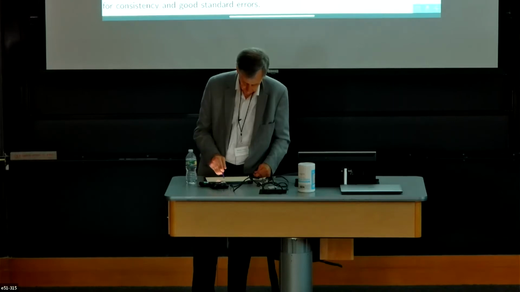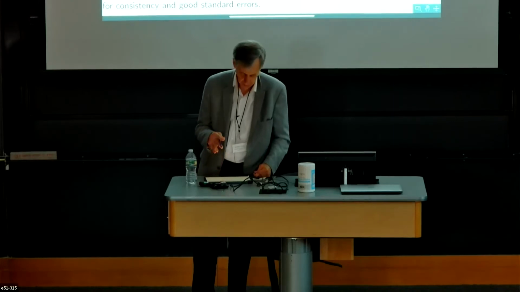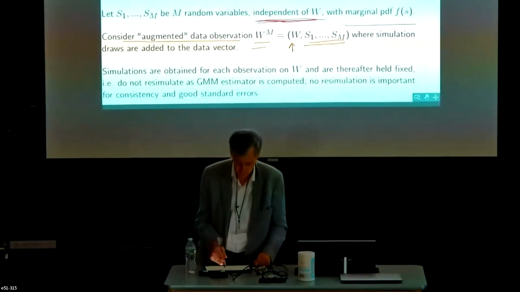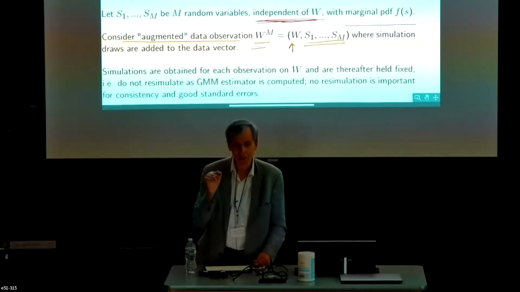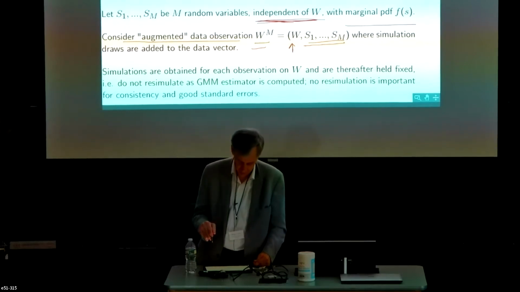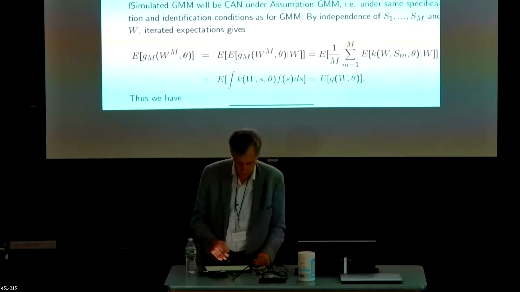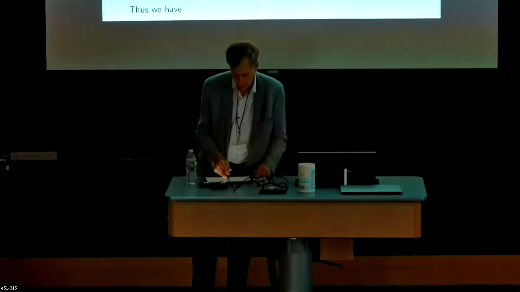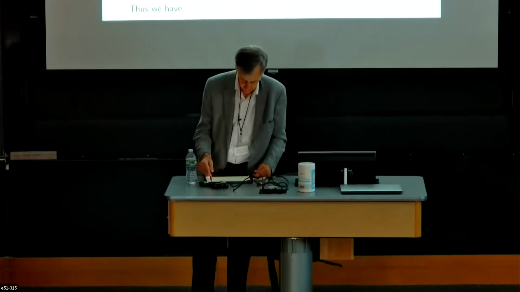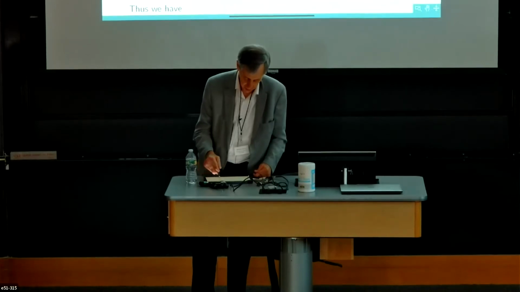The distribution of S doesn't depend on W, so you draw them independent of the data. It's absolutely critical for this to work. And then the simulated moment function is just the average over the simulation draws of the K function.